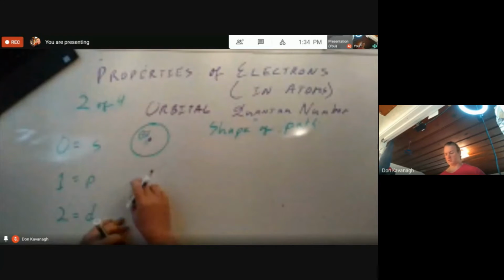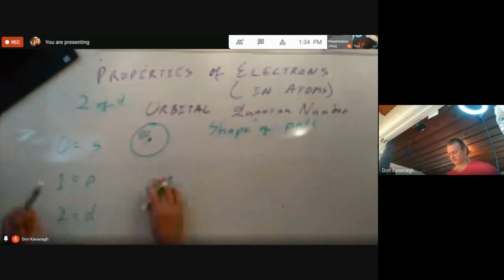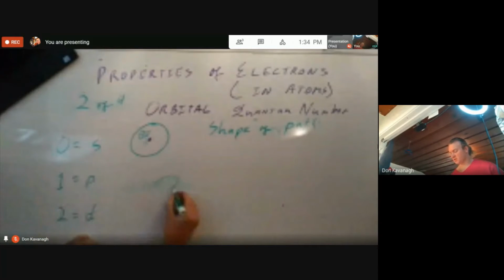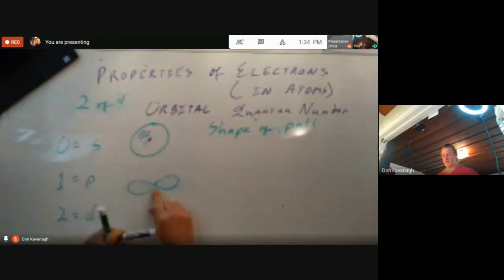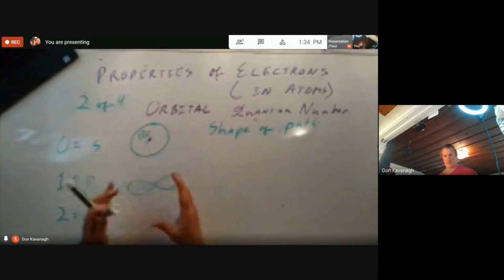Now, a p orbital looks like this. It looks like two balloons. Let me make that larger. It looks like two balloons tied end to end, or a dumbbell. Now, this orbital path or shape, the electrons are confined to this shape right here.